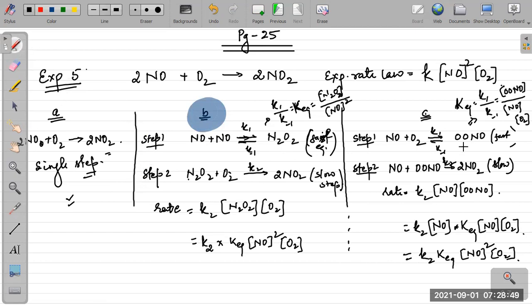This type of compound actually forms as an intermediate during the reaction, but under no circumstances have we ever been able to have any experimental proof of existence of this particular compound OONO in the reaction mixture.